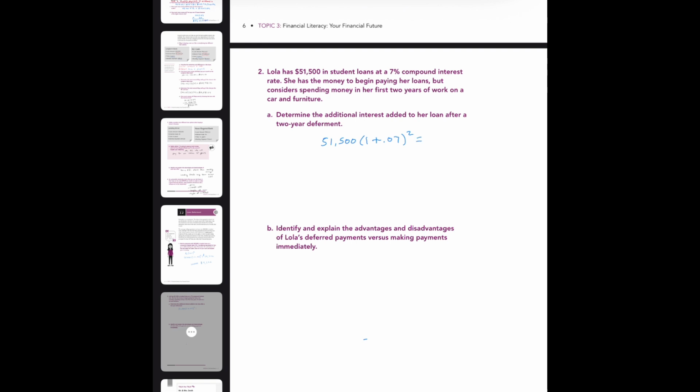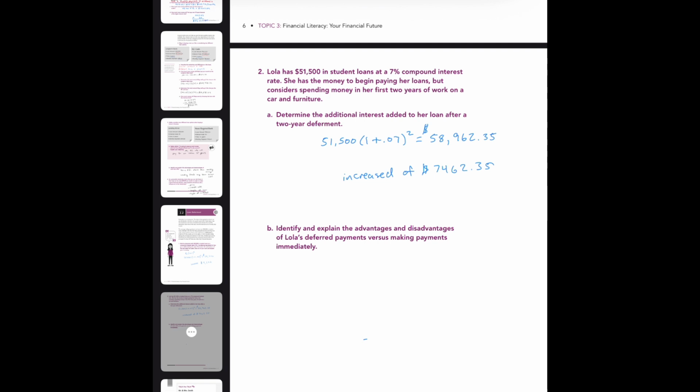If we simplify that, we are going to get $58,962.35. So that increased her loan amount, an increase of $7,462.35. Again, a very significant amount.